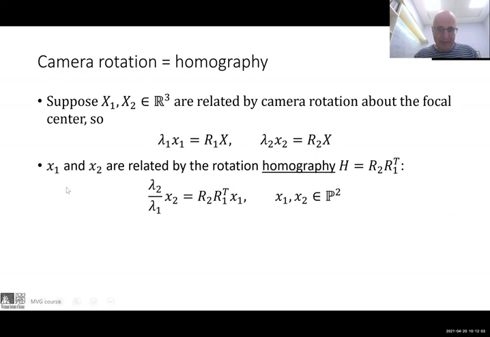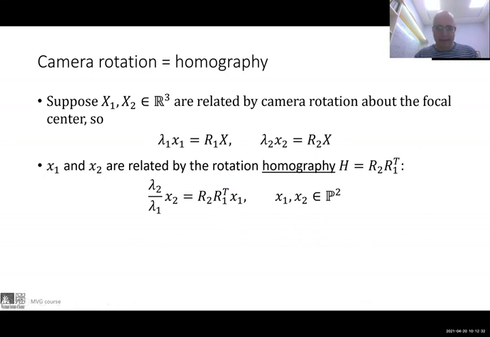And so clearly small x1 and x2 are related by a homography, which is composed of a rotation matrix. Simply, if you eliminate capital X here, you get lambda 2 over lambda 1 times x2 equals the product of the two rotations, R2 R1 transpose, times x1.